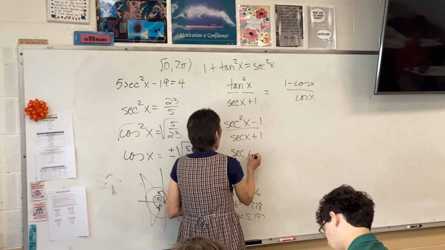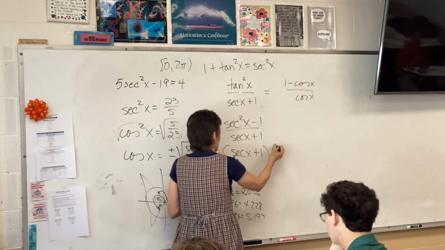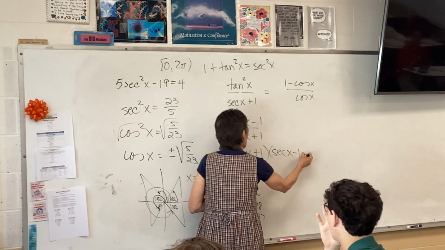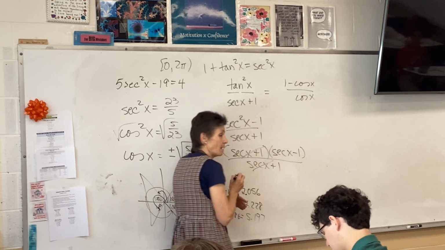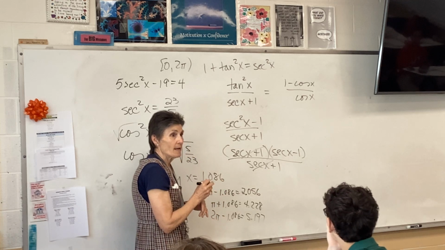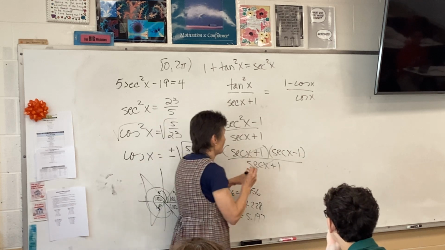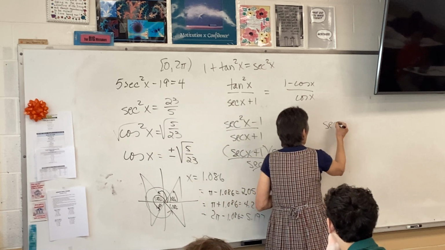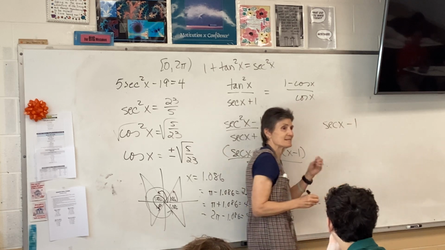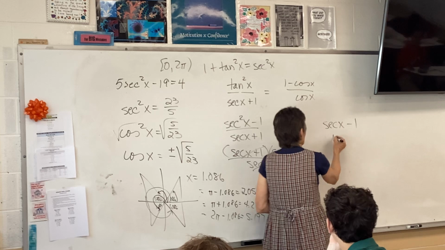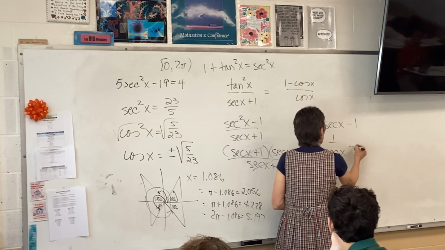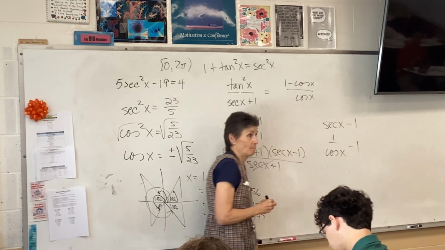And when I factor it as a difference of squares, then I can cancel that denominator, and I am left with secant minus 1. Now, what is secant? 1 over cosine. So now I have 1 over cosine minus 1.